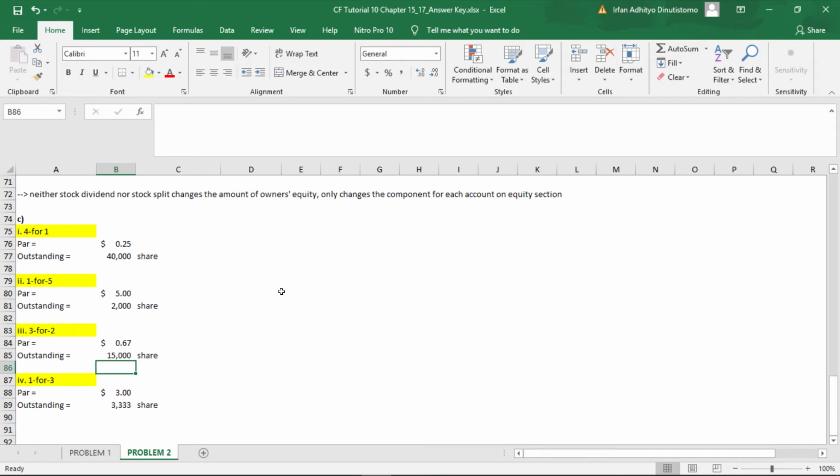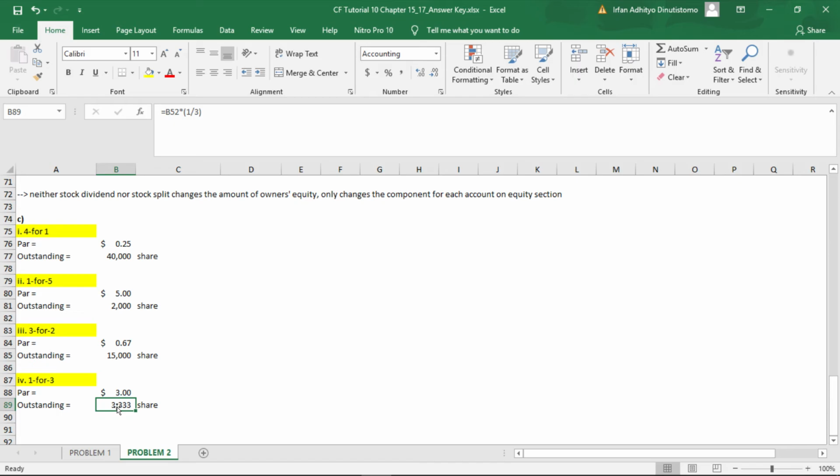And the fourth and final scenario is 1-for-3. So the par of the stock per share will increase to $3, and the outstanding shares will go down to a third, only amounting to 3,333 shares. So that's how stock split affects the par and the outstanding shares.